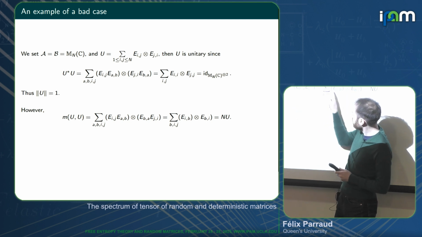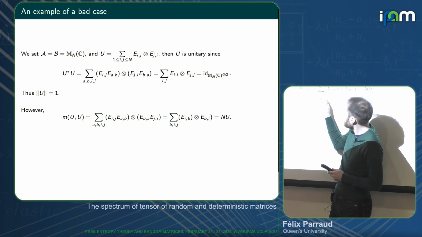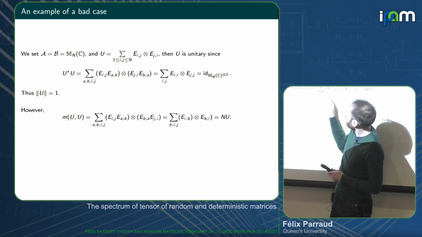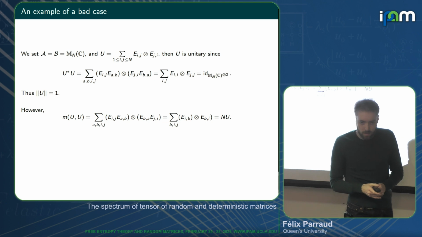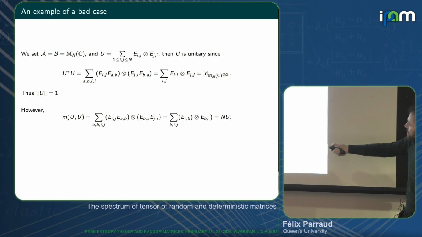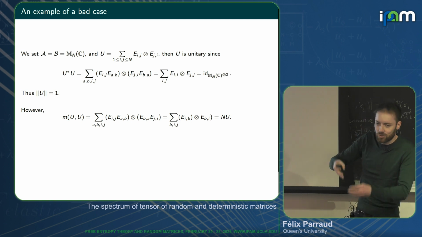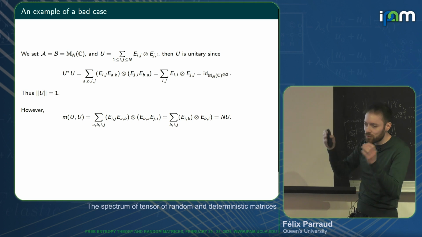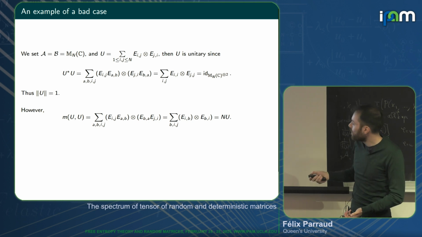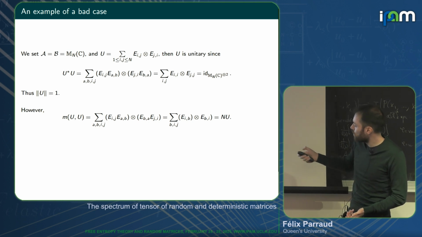So what it means is that in the sum, we cannot get rid of two indices, but only of one. And so what happens is that, sure, when we're summing over i and b we get U, but then we are left with this extra index going from 1 to n that we're summing on. And so in the end, we get n times U.